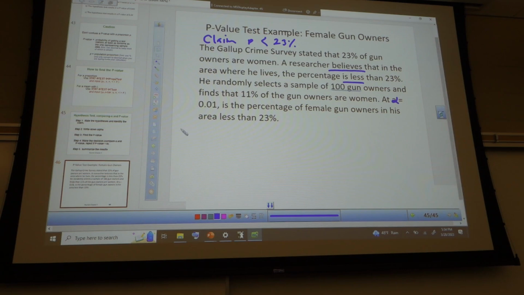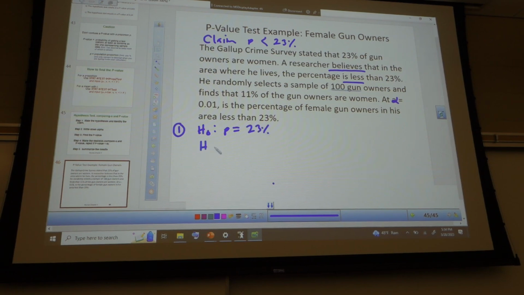So first of all, I should be able to find my H0 and H1 off of that. So step 1, and I like it if you can put a 1 and circle it. H0 is always what? Equals. So is this going to be P equals or mu equals? P, it's a proportion. P equals 23%. You can either do 23% or 0.23, I don't care.